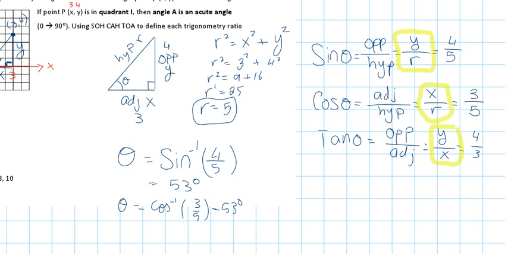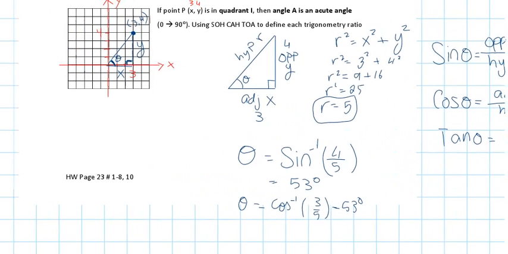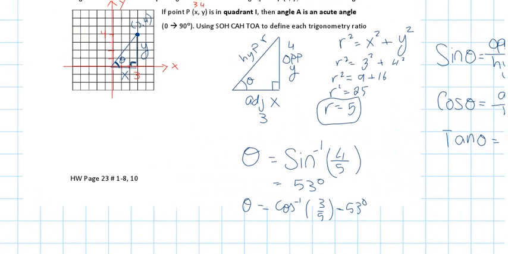You have to draw your triangle with a line going down to the x-axis. So you have to have this line going down to the x-axis. You cannot draw this triangle. This is not right. Okay? It's equal to 53, yep.